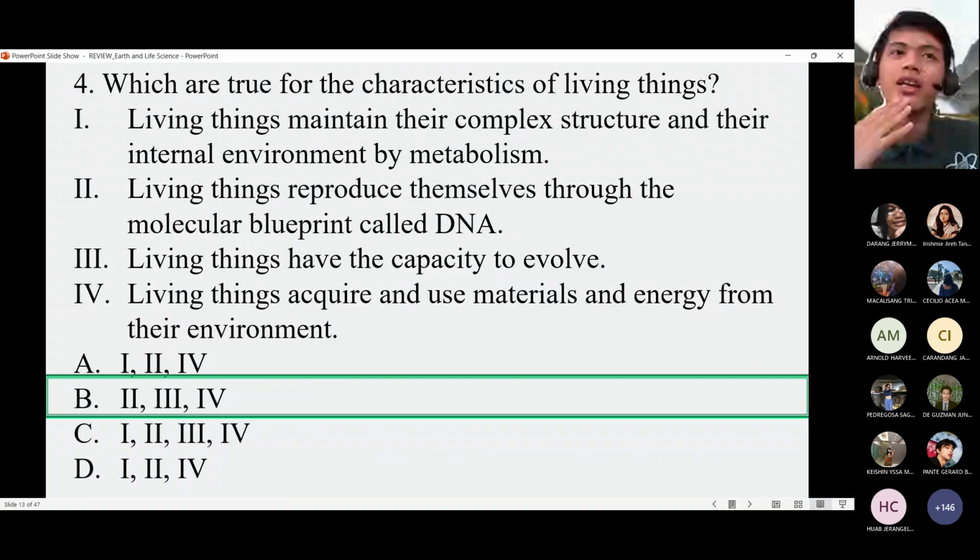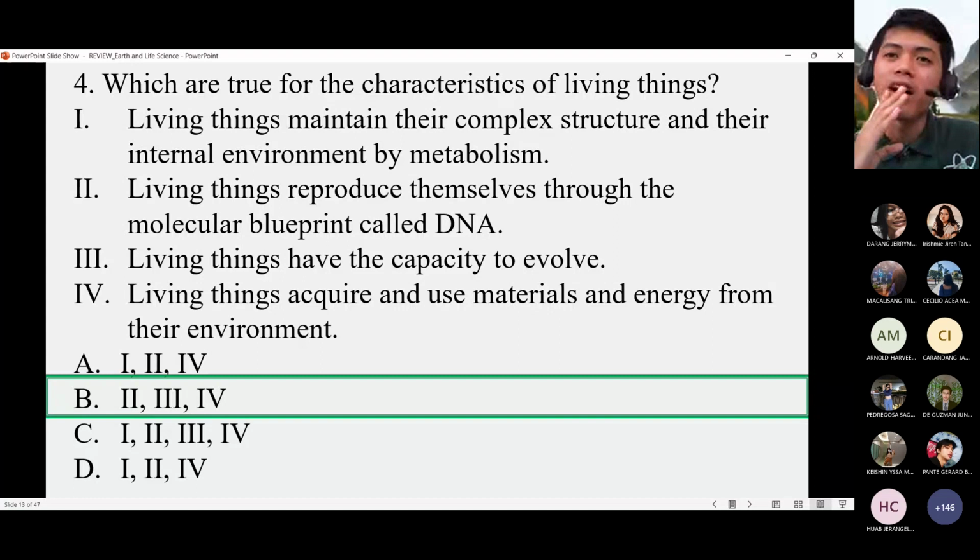Okay, we know that the blueprint of life is DNA. We also have that living things have the capacity to evolve. Why is that so? Of course, through time, we evolve.